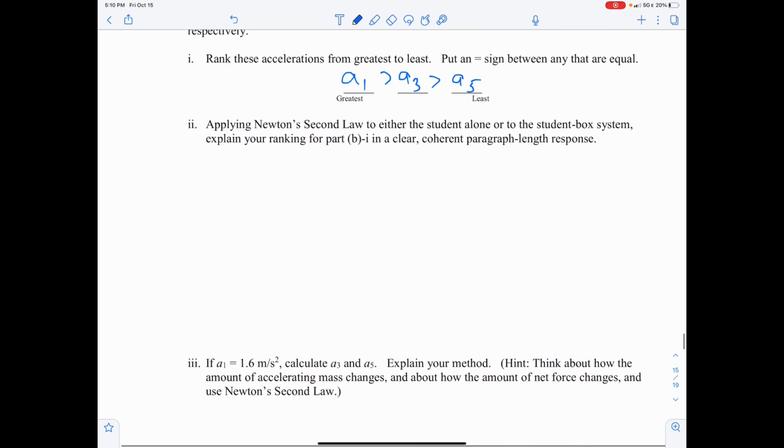Okay, now apply Newton's second law to either the student alone or the student-box system, explaining your ranking in a clear, coherent paragraph.